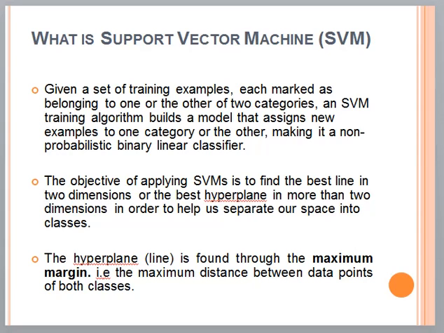This is basically the basic point of a support vector machine: it tries to build the line or the hyperplane by using the maximum margin phenomenon, which we discussed in the last slide. It means that it maximizes the distance between data points of both classes. So it tries to maximize the margin between two different data points which belong to different classes or categories.